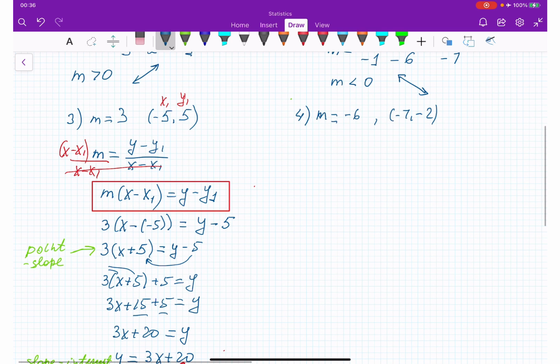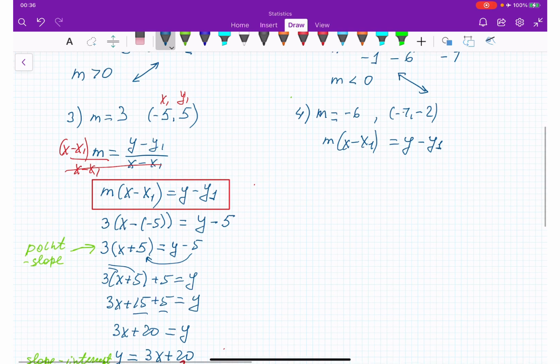Well, let's get going. So I'm using the format m times x minus x1 equal y minus y1. M is -6, x minus x1 is x minus -7, equal y minus -2. Okay, because this is my x1, this is my y1.